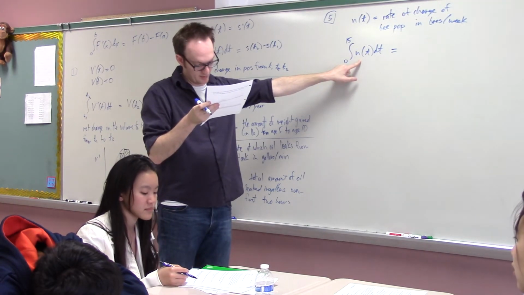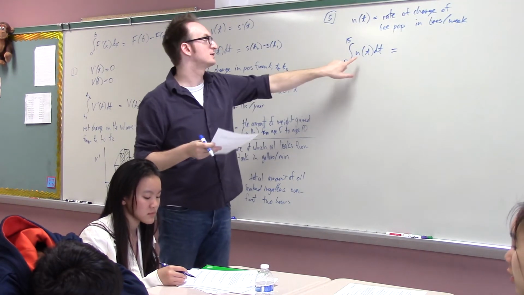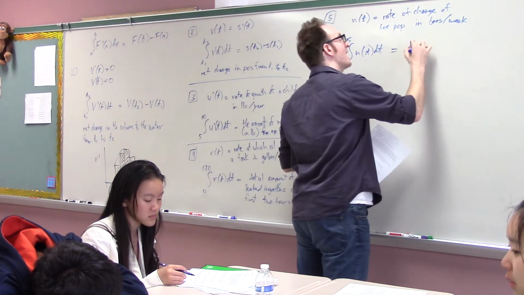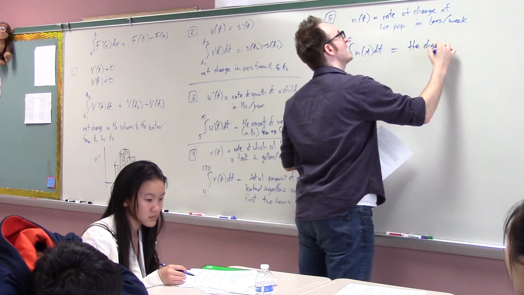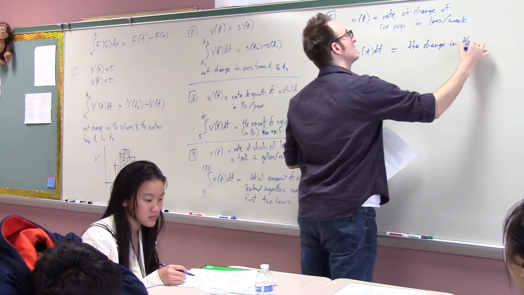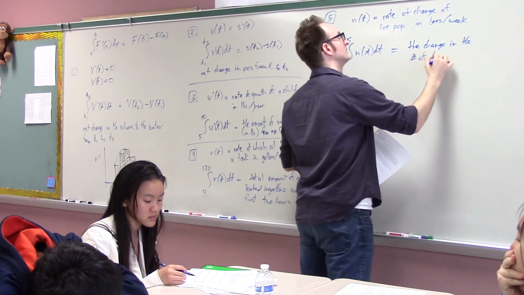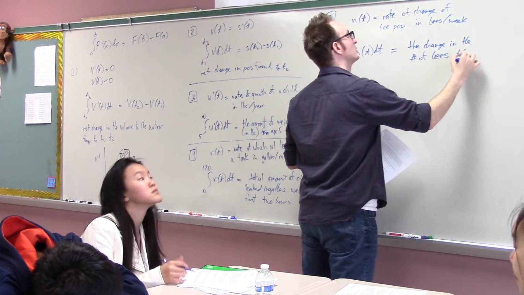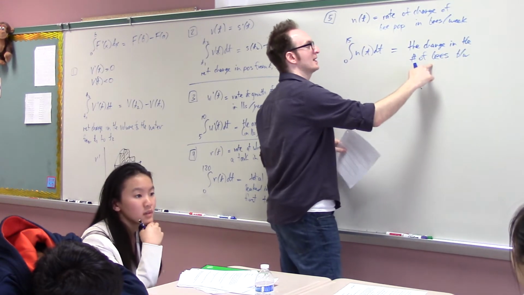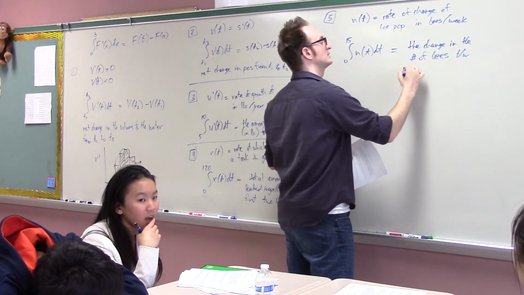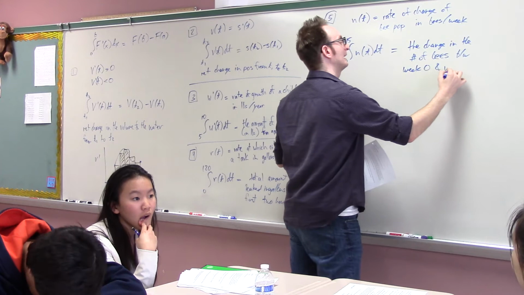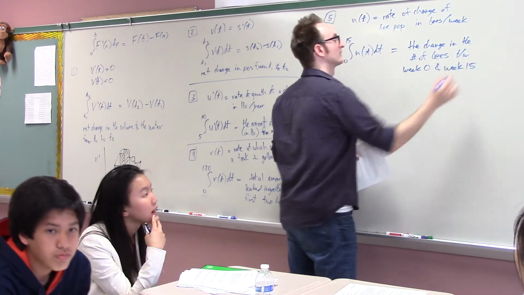Write an expression about the number of honeybees after 15 weeks. So this represents the change in the number of bees between week 0 and week 15.